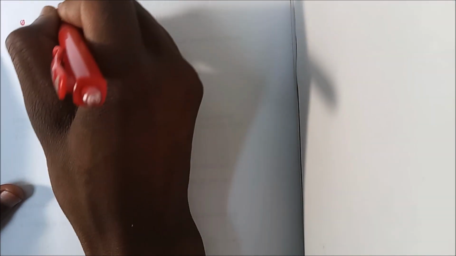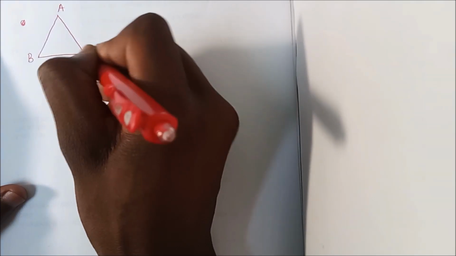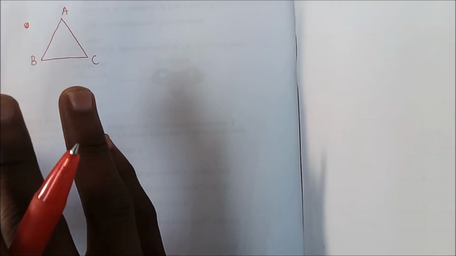We have different types of triangles. So the first one that I'll focus on, which is the basic, I think in grade 11 and in grade 12, you know this one, but I will emphasize it. Suppose you have a triangle. This is a basic triangle.